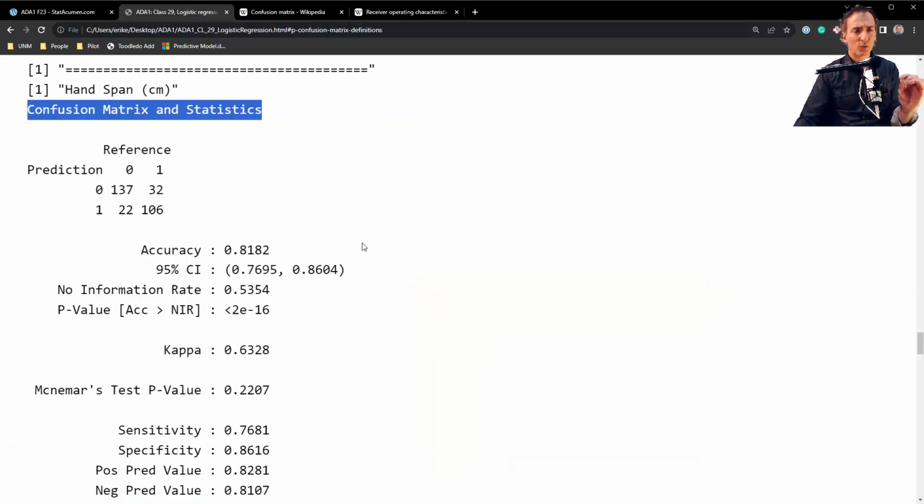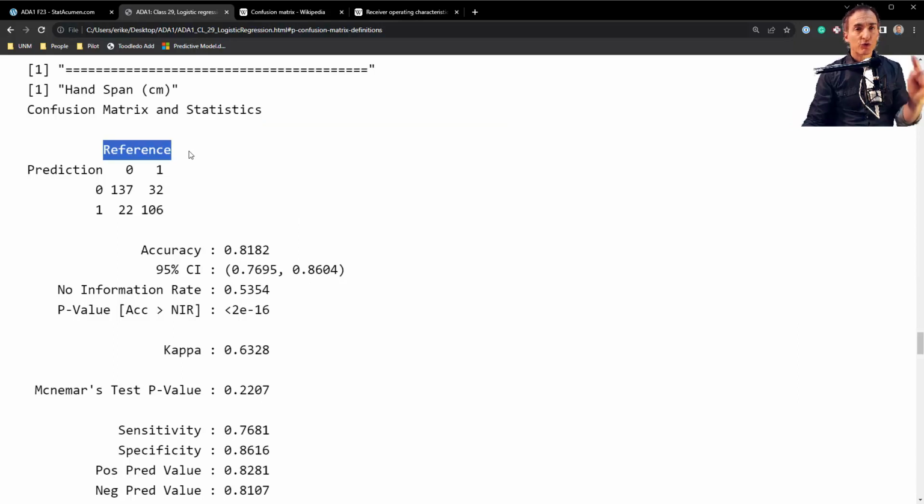But I think we can live with that. We'll just be very careful. Reference is the true value, whether someone identified as male or female when they took their measurements. Okay, so zeros are males, ones are females. Prediction is what the model predicts them to be based on their hand span.